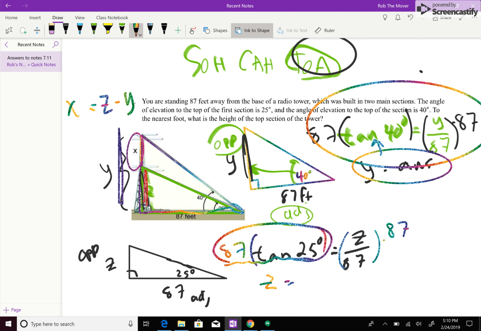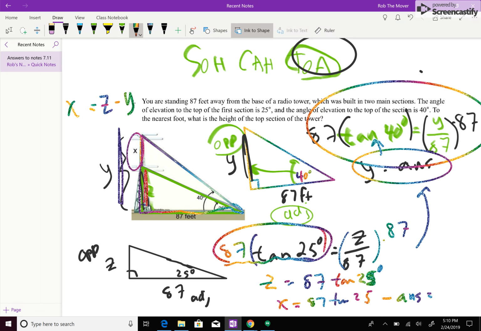Z is 87 tangent 25 degrees, and I'm going to take that and subtract it from the answer I got up here. So x is 87 tangent 25 minus my answer from before. Okay, so go ahead and plug that into my calculator.